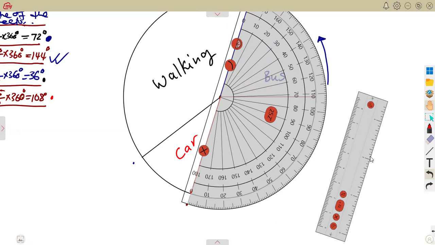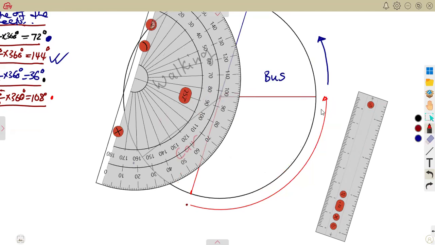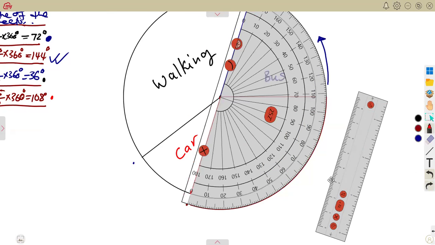We are measuring this angle in between this part and this part. This is the angle we are focusing on. It is giving us 108, showing that this is exactly what we wanted.